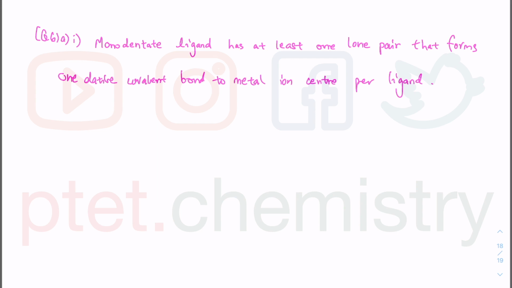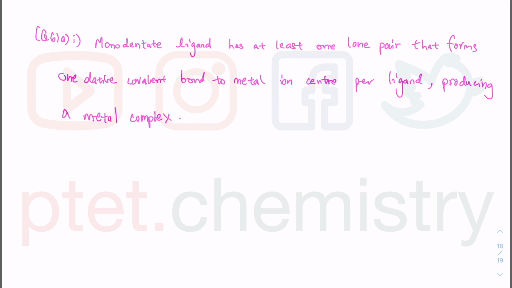Per ligand molecule, or just per ligand, because a ligand can be a molecule or an ion. But what is very important is the idea of dative covalent bond. When they form dative covalent bonds onto the metal center, you get a metal complex.